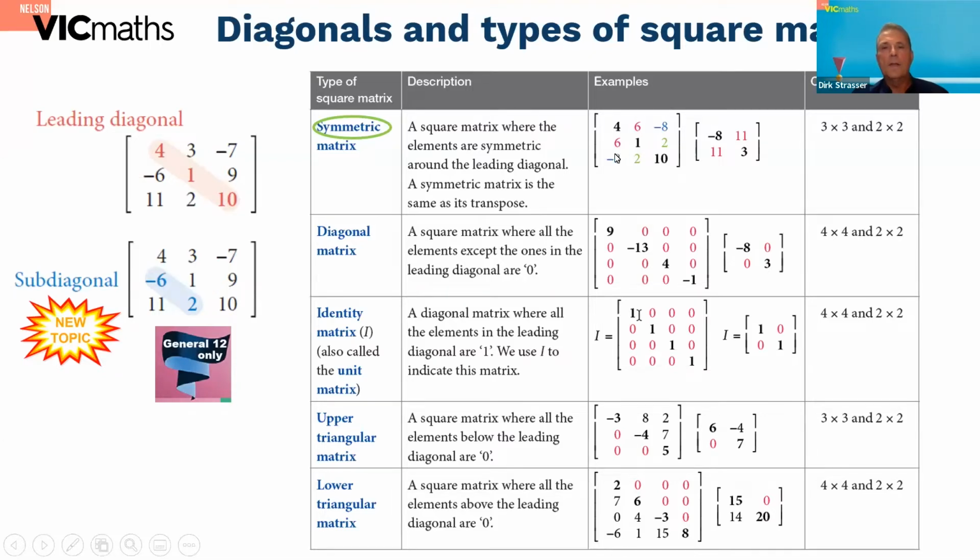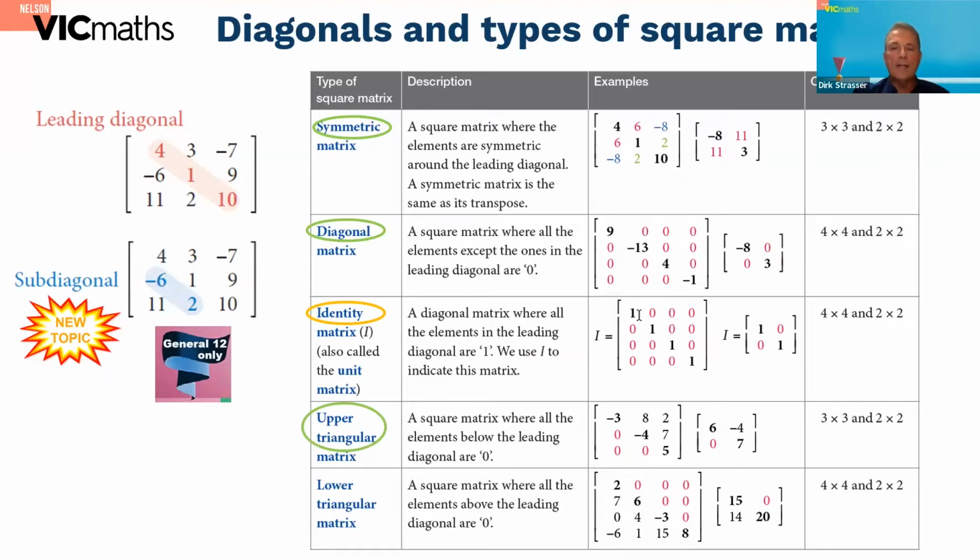The 6's are symmetric, the -8's are symmetric, and the 2's. So that's probably the hardest one to grasp. Diagonal matrix, fairly straightforward: all the elements except the ones in the leading diagonal are 0. Identity matrix is a diagonal matrix where all the elements are 1.